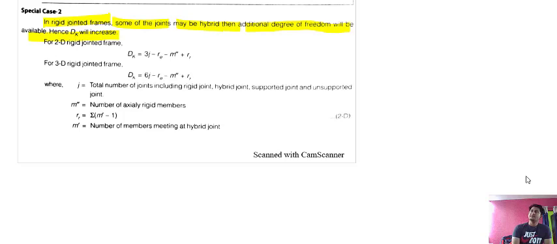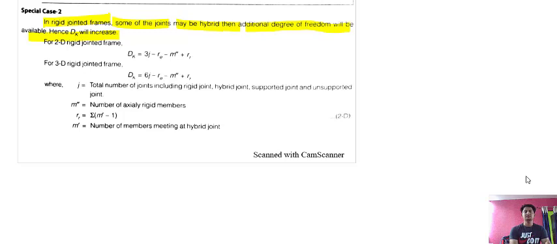So when there is a hybrid joint, meaning any internal hinge, the degree of freedom of the system will increase, by the number of additional displacements introduced by the hybrid joint.